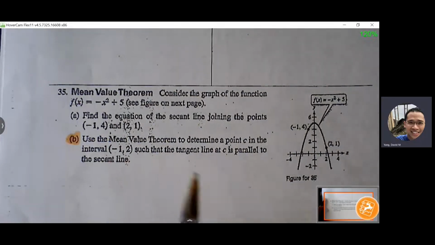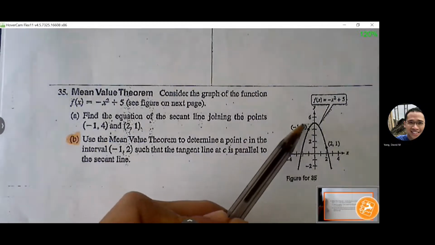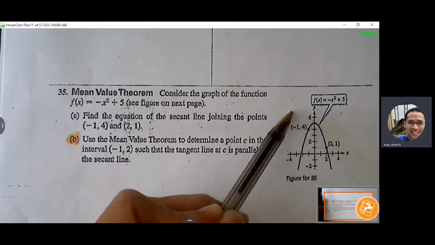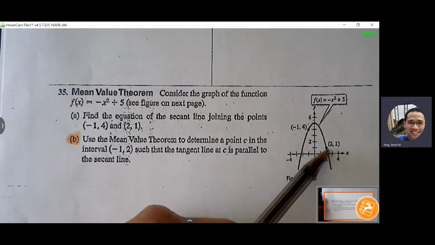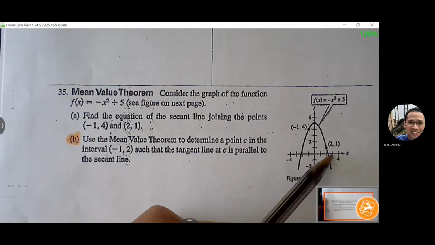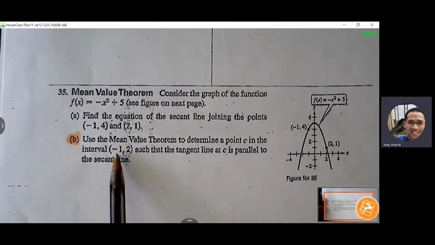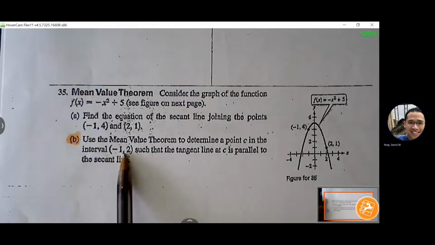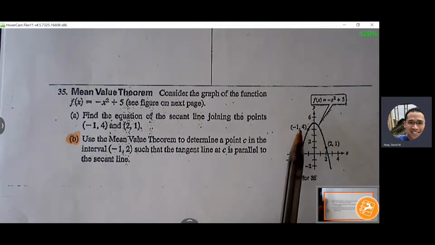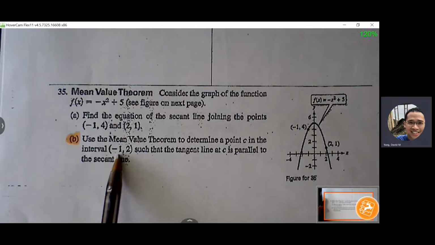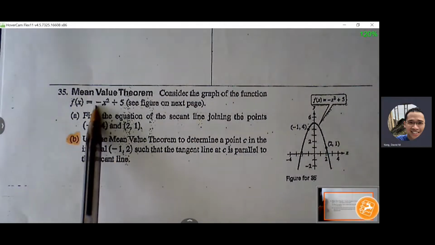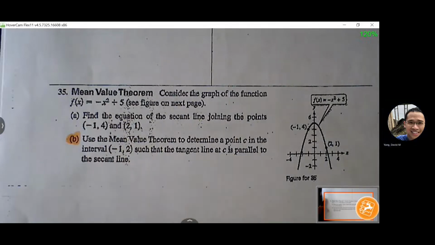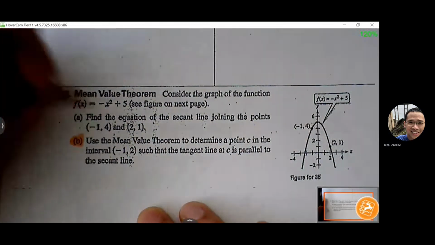All that's saying is we want to know where along the graph there is a slope that is experienced between these two endpoints. At the very least, they're going to give you the intervals to work with. And this problem is nice because it already gave you the ordered pairs. What if it didn't give you the ordered pairs? What would we need to do with these x values? Good, plug them into the original equation and get those ordered pairs.